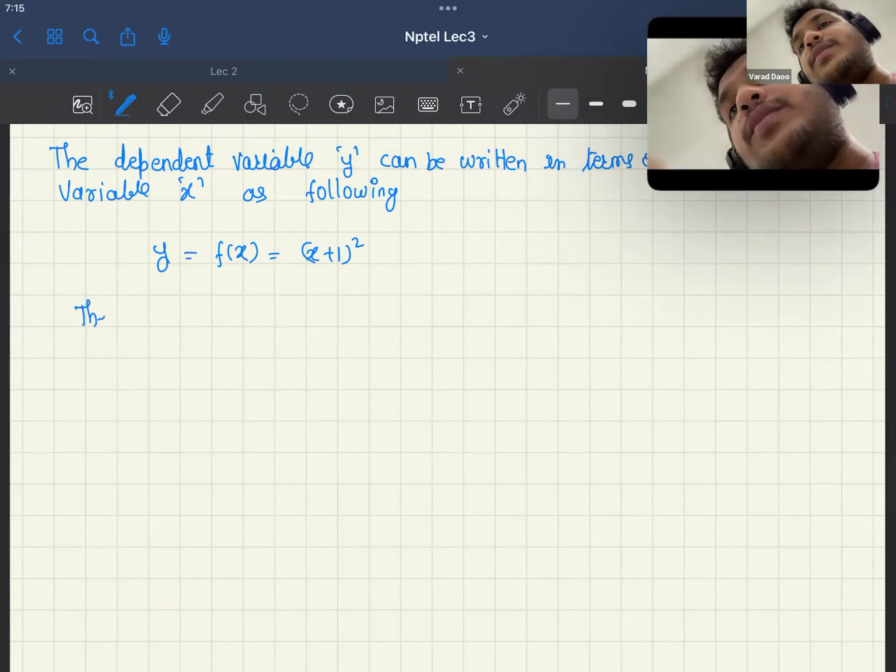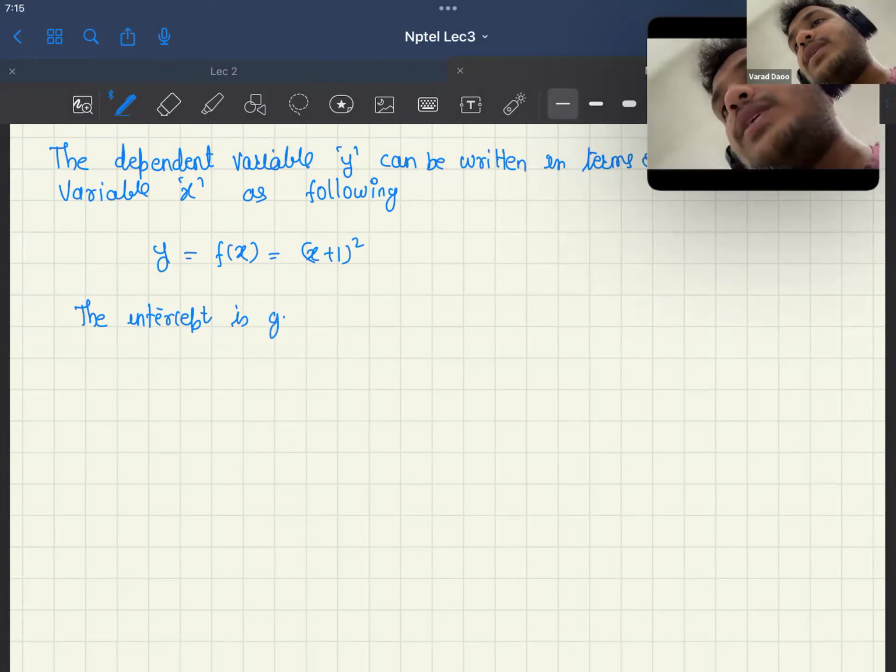And the intercept, in this case, let's say, is denoted as z.